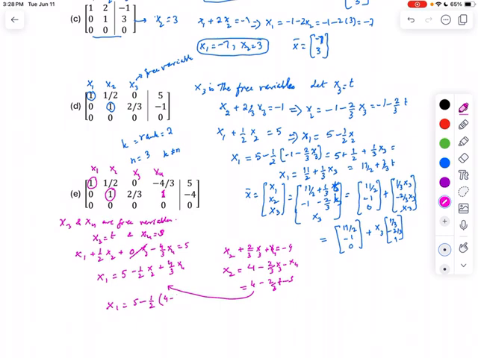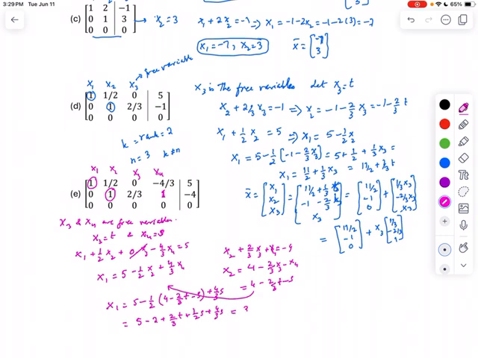So x1 is 5 minus 1 half times 4 minus 2 over 3 t minus s, and then plus 4 over 3 s. So combine 5 minus 2 plus 2 over 3 t plus 1 half s plus 4 over 3 s.